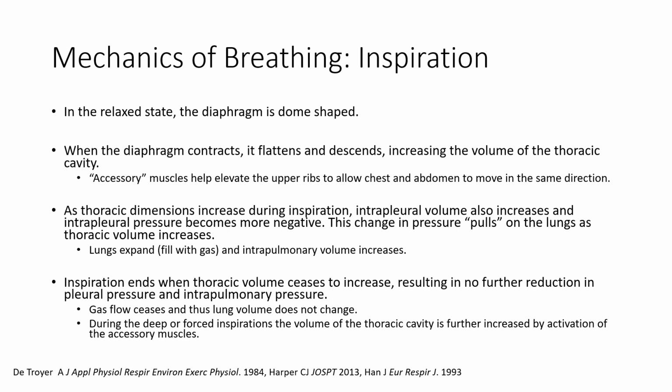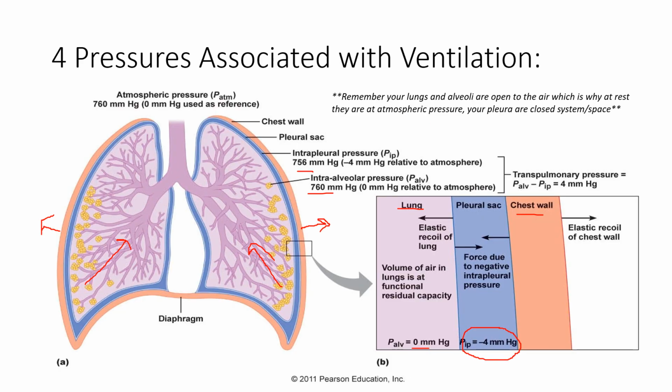You remember Boyle's law: pressure is inversely related to volume. If volume increases, pressure must decrease, especially in a closed chamber. So this increase in thoracic volume as the chest wall moves away increases the volume in this potential space. This moves out, this increases in size.